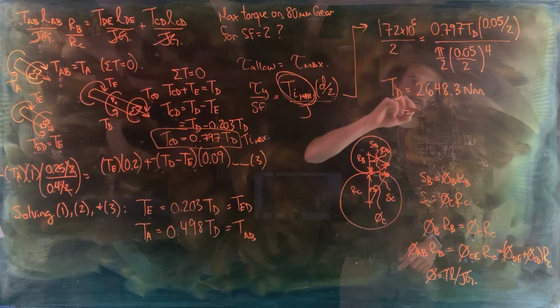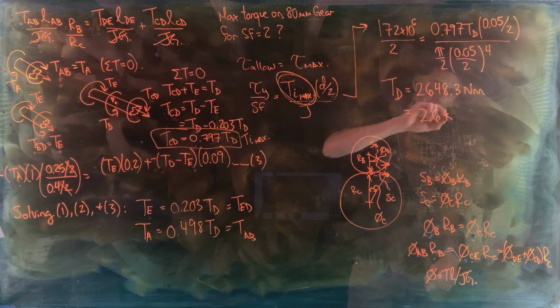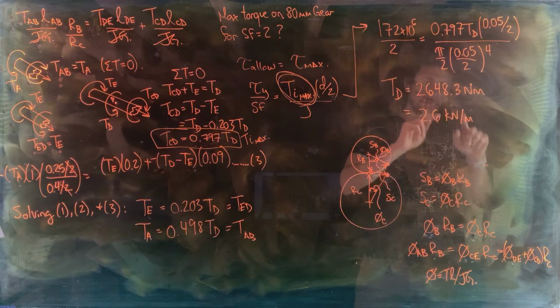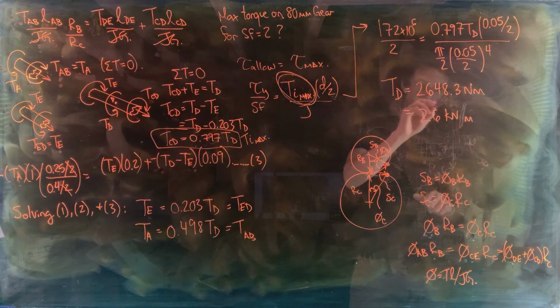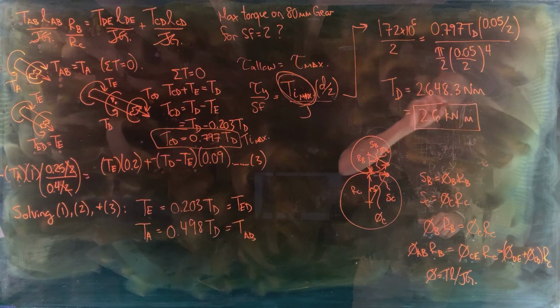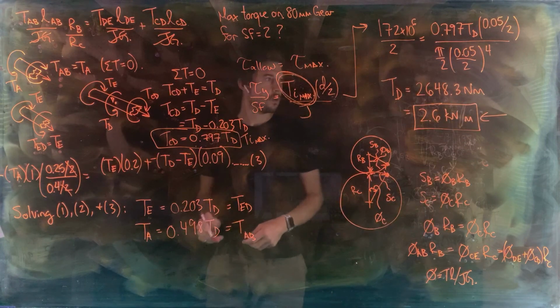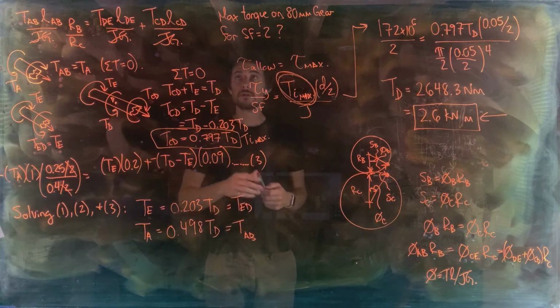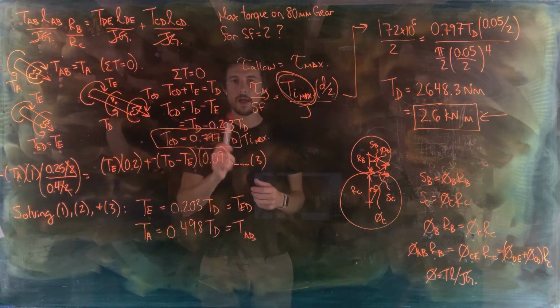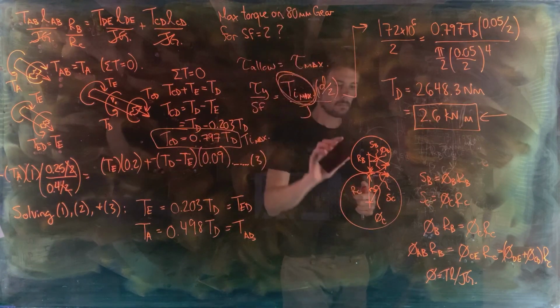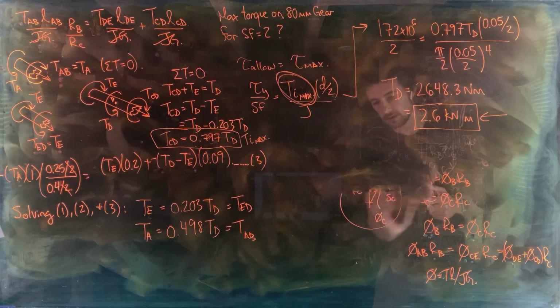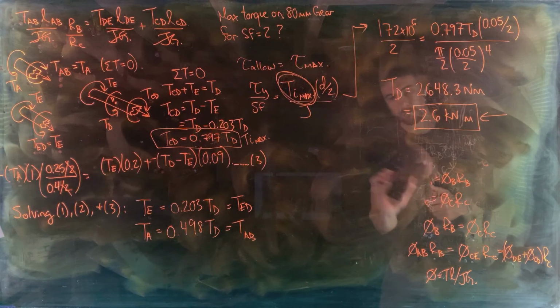So this is 2.6 kilonewton meters, not kilonewton per meter, kilonewton meters. There we go. Okay. All right. So that brings us to the end of that problem there.